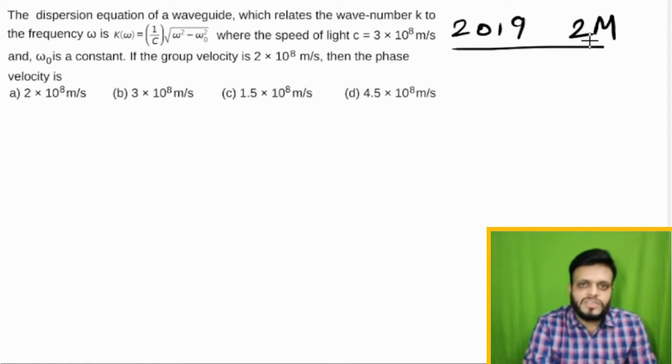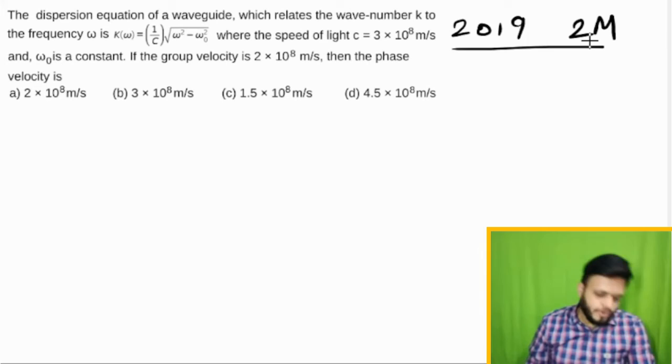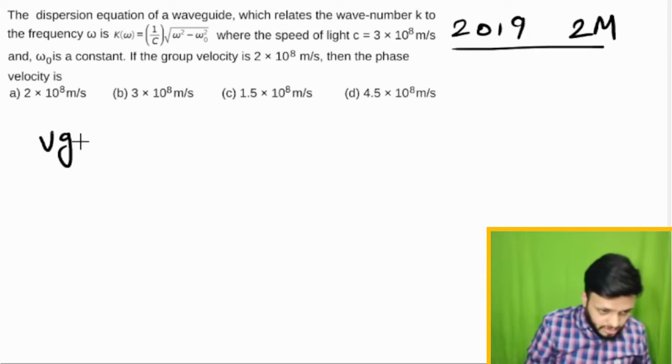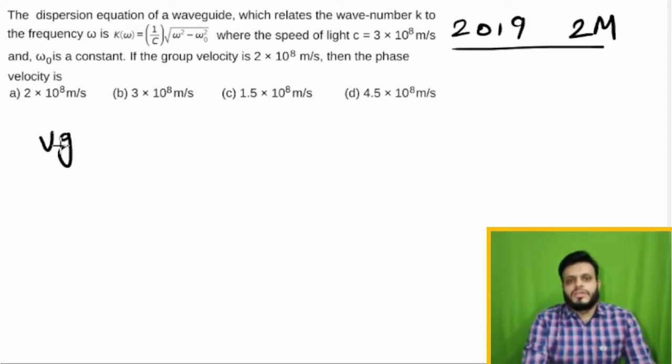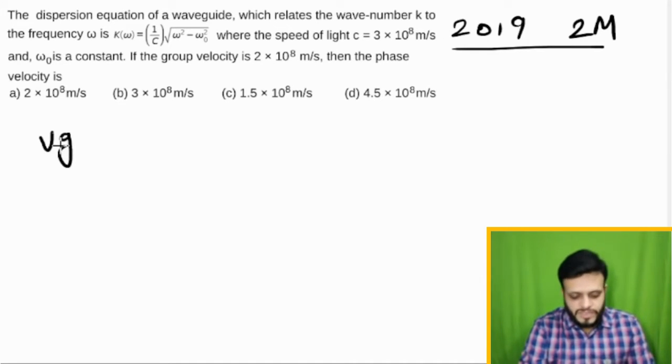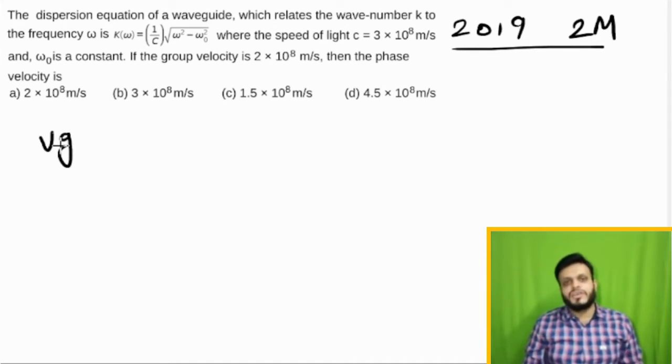Let us start with the group velocity, denoted by Vg. The superposition of waves of varying frequency can result in a group of waves, or what we call an envelope of waves. When this envelope travels, it travels with some velocity.